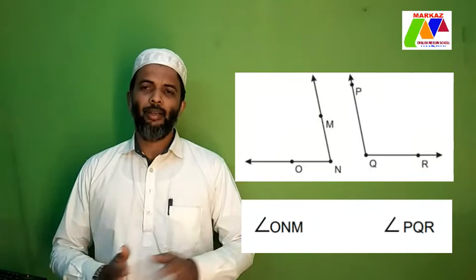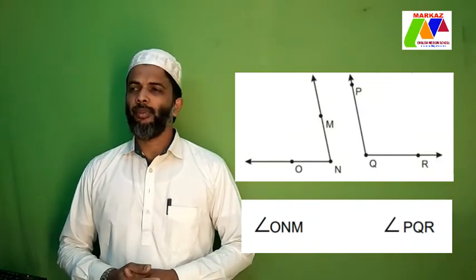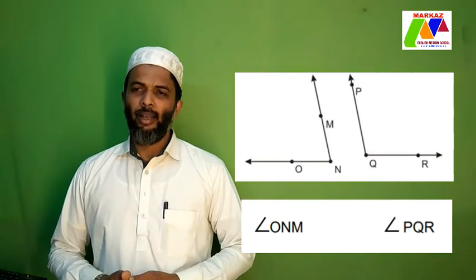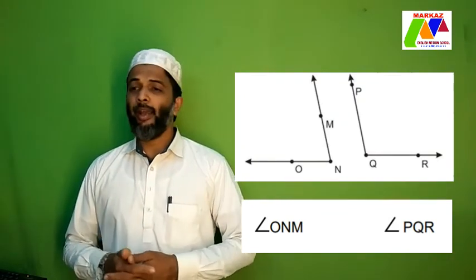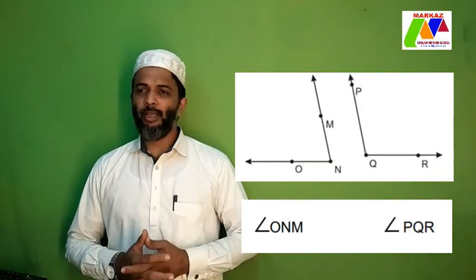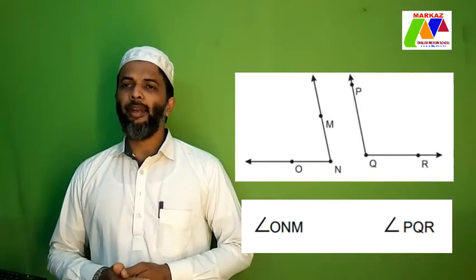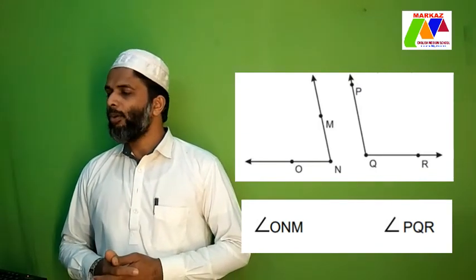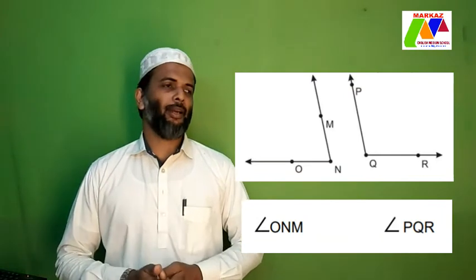Look here, ∠ONM, ∠PQR. We read these as angle ONM and angle PQR. The common endpoints of these two angles, N and Q, are known as the vertex of the angle.